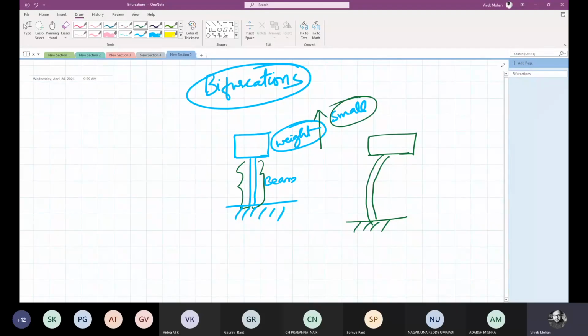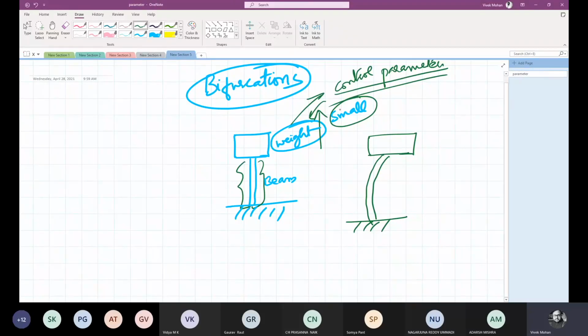So here the weight plays the role of the control parameter. What was the definition of bifurcation? The qualitative structure of the flow can change as parameters are varied. So here the control parameter is weight. When I'm varying the weight, the qualitative structure is varying, right?